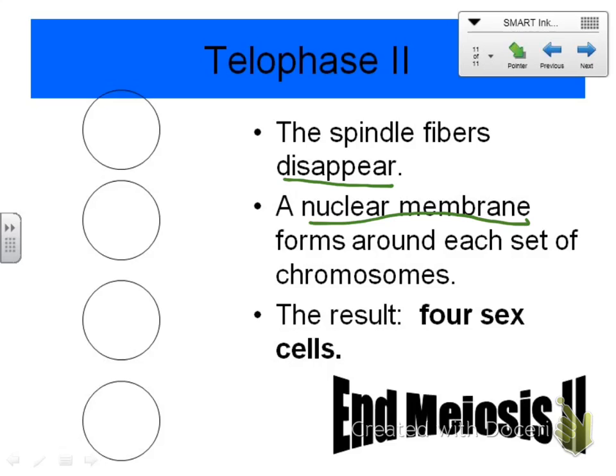So it's going to form around each set of chromosomes. And so then we have our end result, and we've got 4 sex cells. What's the other name for sex cells? Haploid cells. Good. 2 haploids make a whole, which is a diploid.